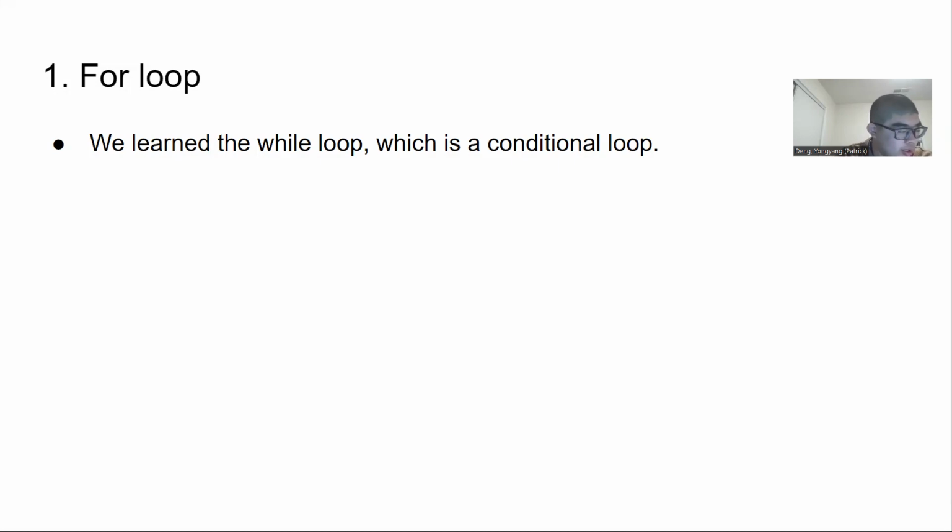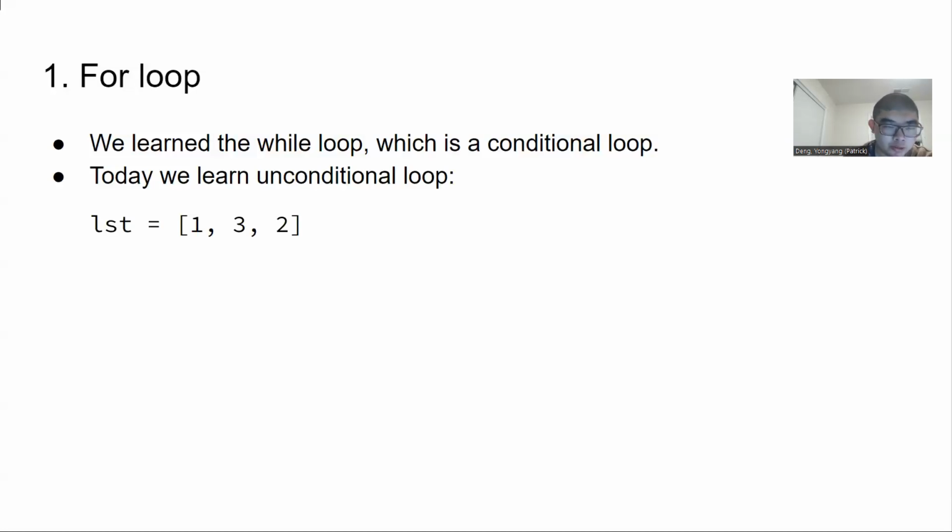Today we learn about the unconditional loop, which means that we don't have to evaluate conditions. Suppose I have a list 1, 3, 2. I do for i in this list, i plus equals 5. So this is an example of a for loop.